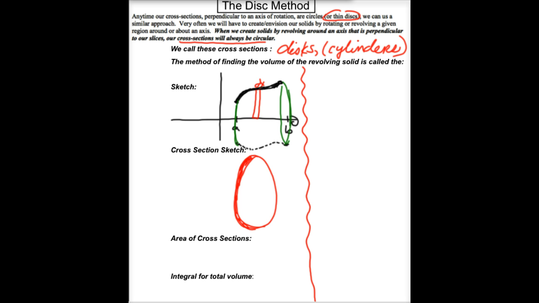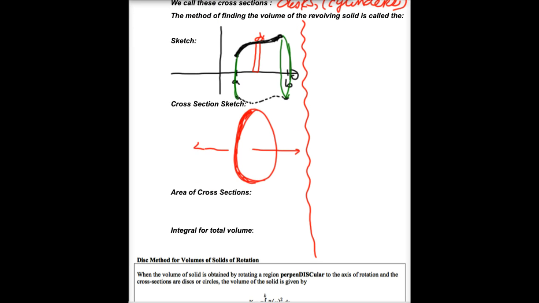But when I take one disc, one slice created by this thing going around here, what I have is basically a cylinder. And to find the volume of that cylinder, the first thing I do is get the area of the face of that cross section, and it's just a circle. It's just pi times its radius squared.